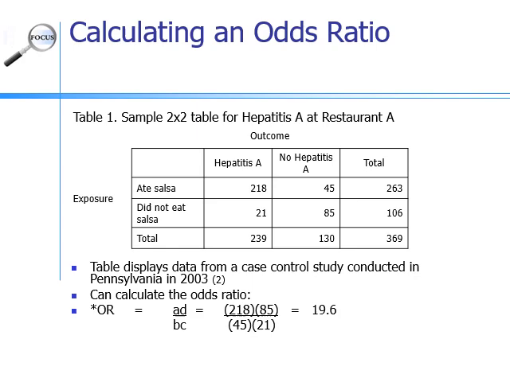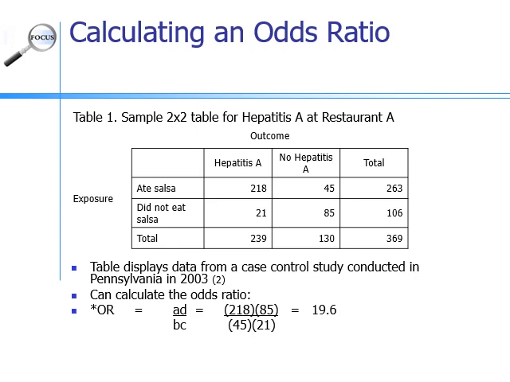So we are only contented with the data provided, those who dined at restaurant A. If you notice, 263 ate salsa and 218 had hepatitis A, while 45 did not. Of those who did not eat salsa, 106 of them, 21 still contracted hepatitis A, while 85 did not have hepatitis A.